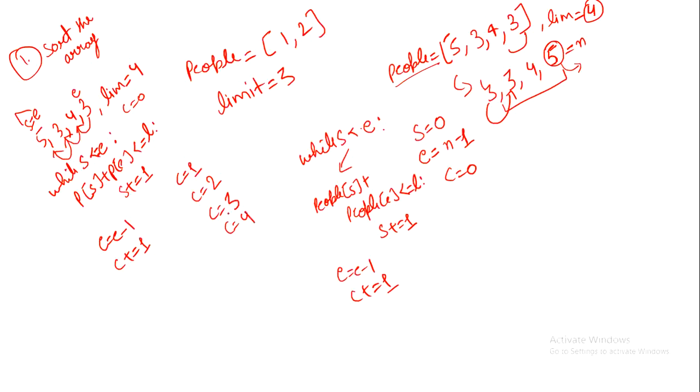No. So now c is going to be 4. Also e is now less than s, so we will come out of the loop. What is the value of count? That is 4. So the minimum number of boats needed is 4. This is the approach that we can use to solve our problem, and let us see how to implement it. I hope that you understood the approach.